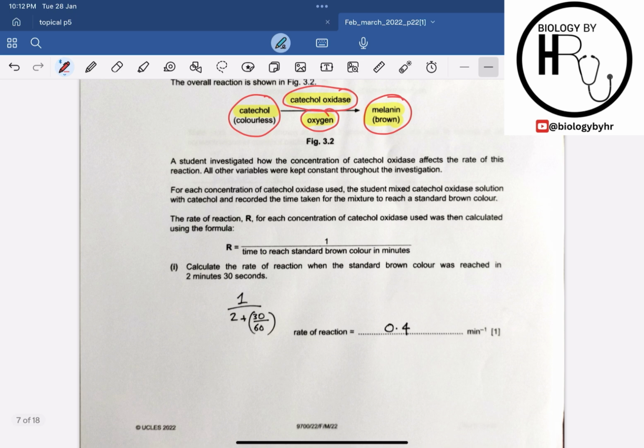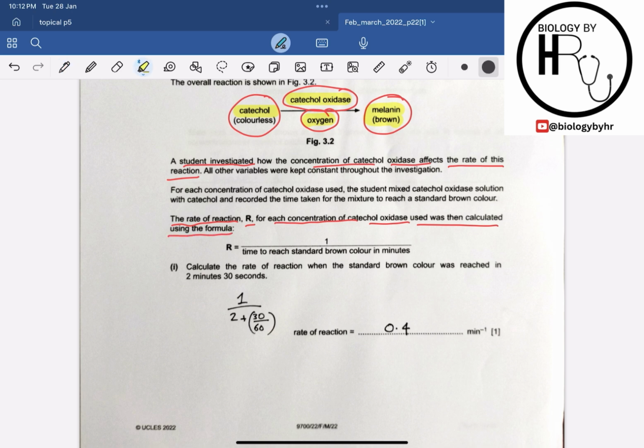Then over here they are saying that a student investigated how the concentration of catechol oxidase affects the rate of this reaction. The rate of the reaction R for each concentration of catechol oxidase used was then calculated using this formula.